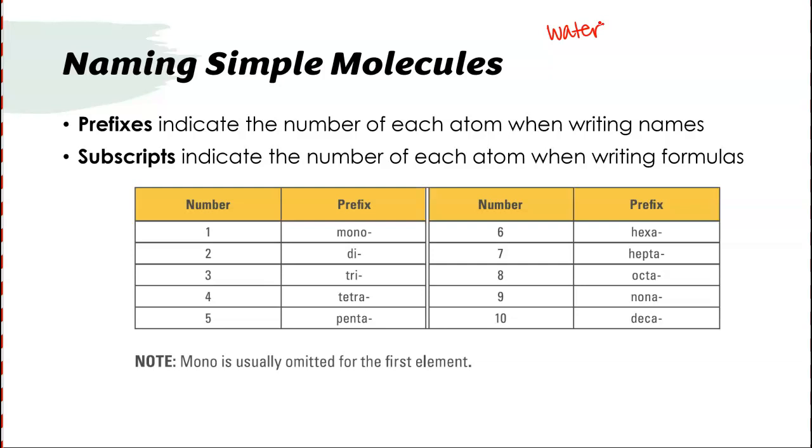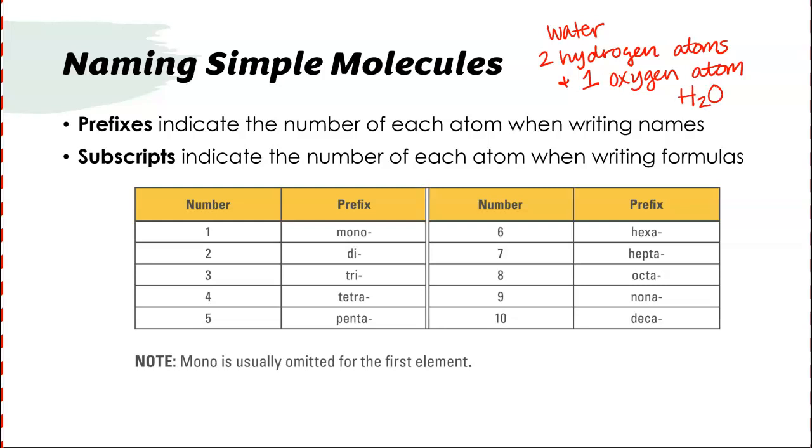We know that water has 2 hydrogen atoms and 1 oxygen atom. And so that means that in our formula, we have to indicate that there's 2 hydrogens for every 1 oxygen, and so we write it like that.